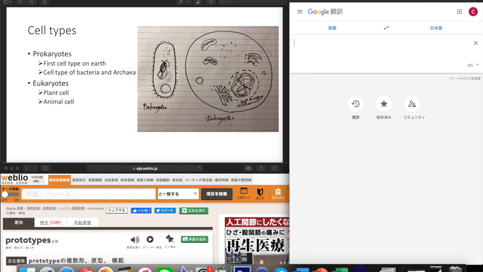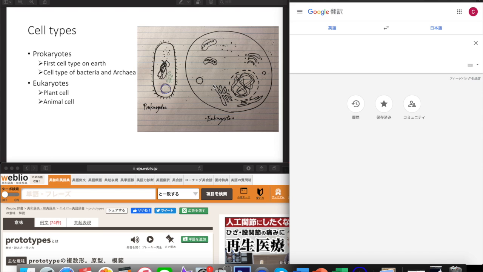Eukaryotes include us, plant cells and animal cells, a pretty complex style. Sorry, I don't know the difference between prokaryotes and eukaryotes.